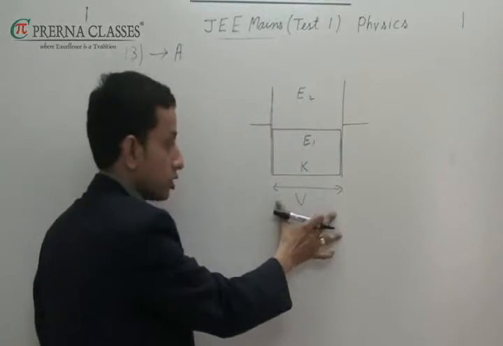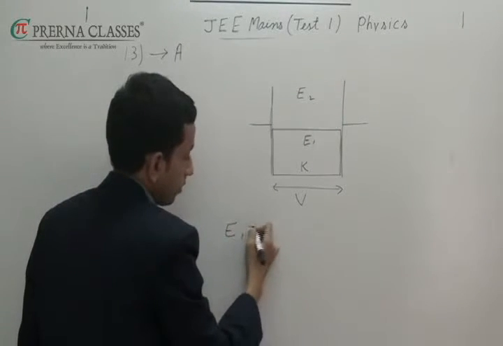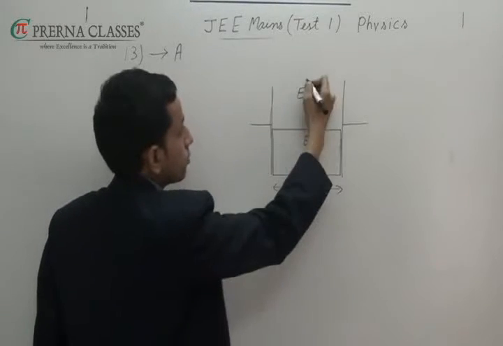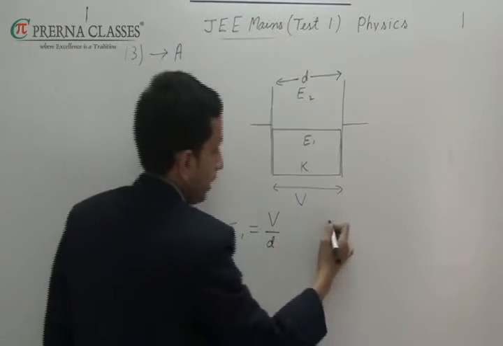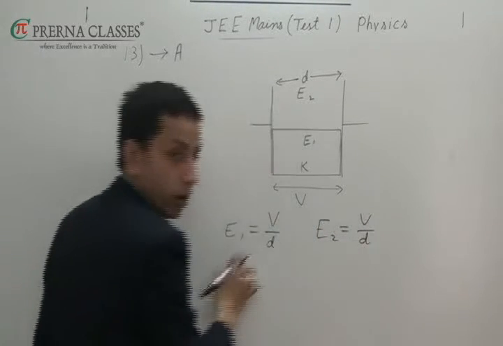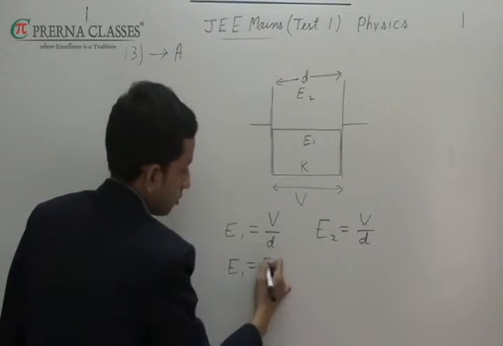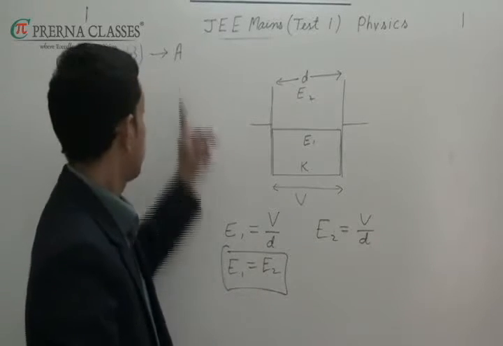If the potential difference is constant and the distance is fixed, the electric field E1 will be V by D, supposing this distance is D, and E2 will also be V by D. By comparing these two, we can say E1 equals E2, which is option A.